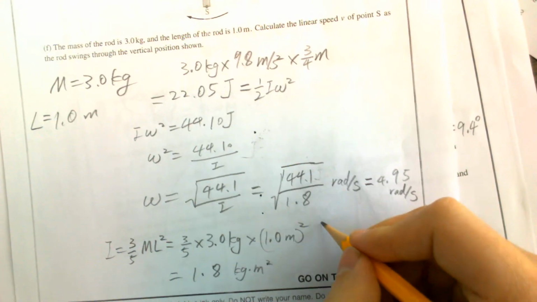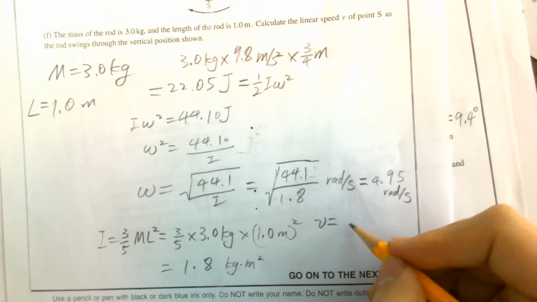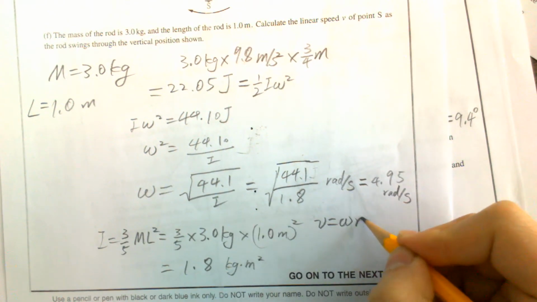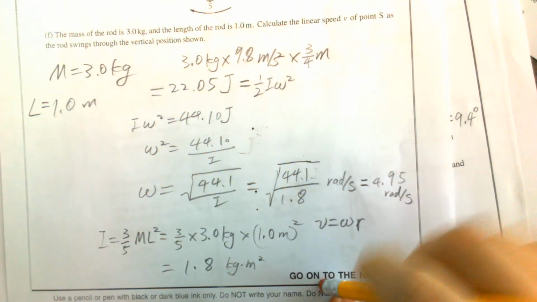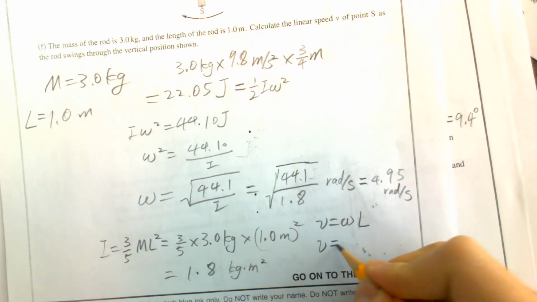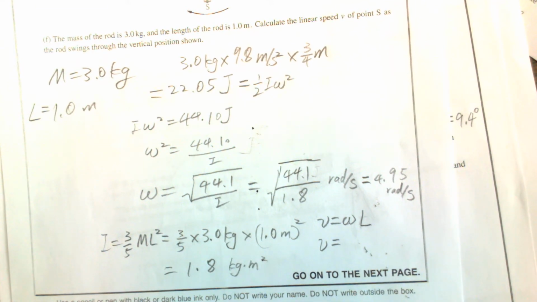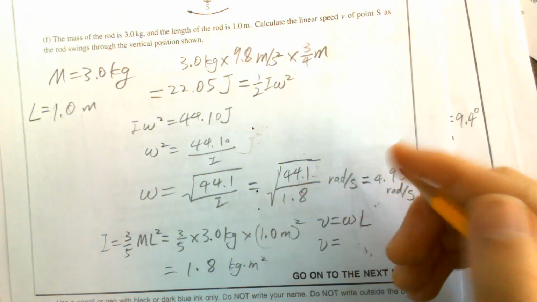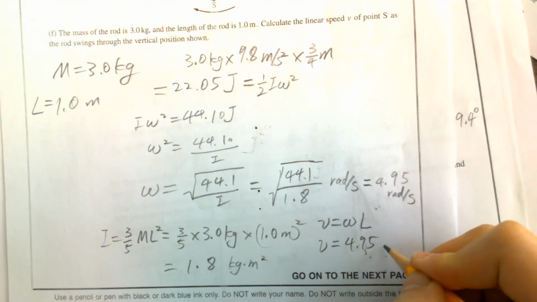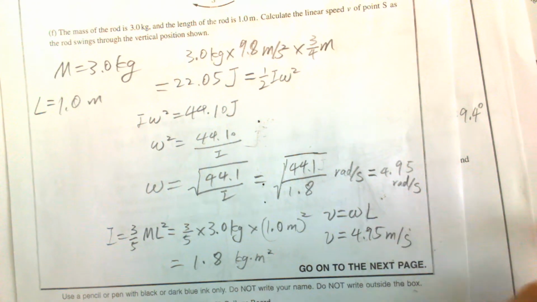So the speed at the bottom should be omega times r, which is omega times L in this case. So V is equal to 4.95 times 1 meter, which is just 4.95 meters per second. Yeah, I think that's it. Thank you.